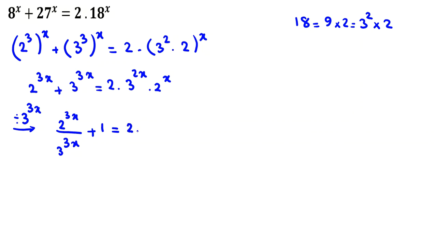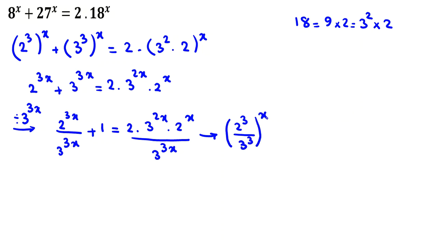2 times 3 to the power of 2x times 2 to the power of x over 3 to the power of 3x. Now, if we simplify, we will see what? It will be 2 to the power of 3x, 3 to the power of 3x. We can say it is 2 cubed over 3 cubed to the power of x.